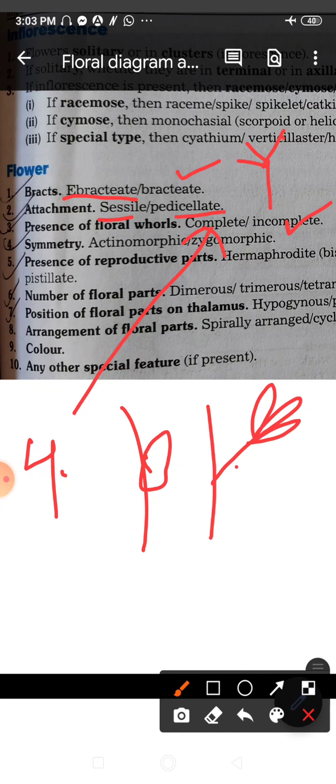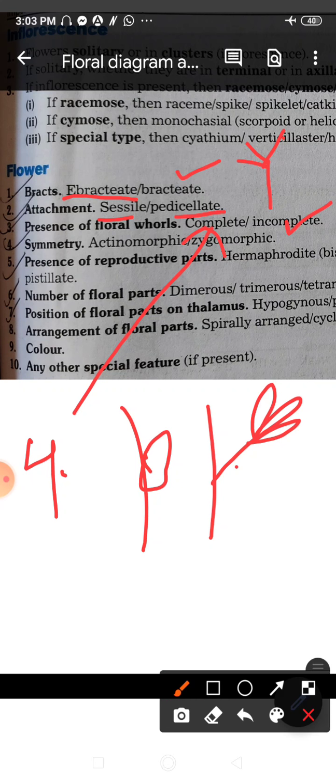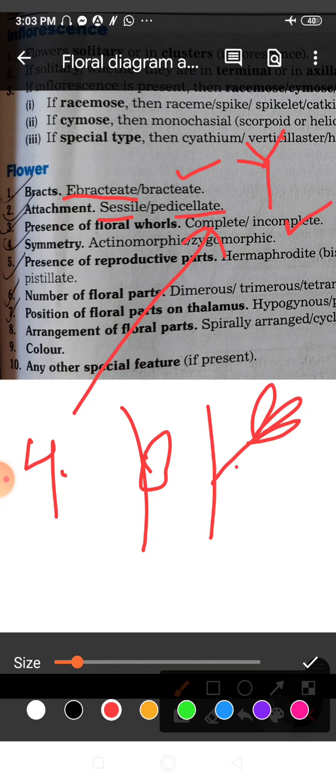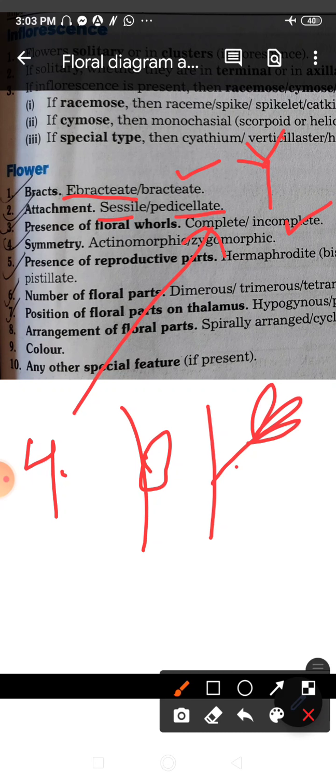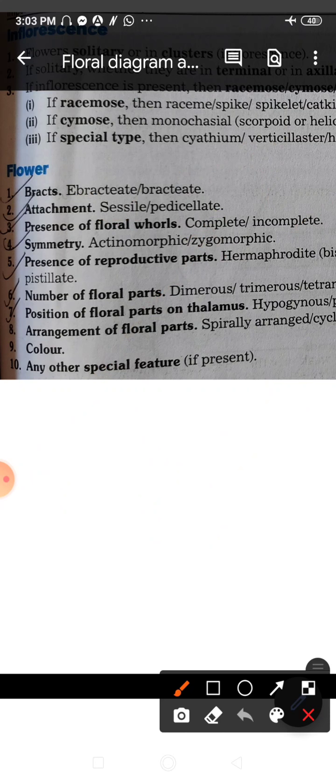Then the next feature that we studied was whether the flower is actinomorphic or zygomorphic, right? So again here, actinomorphic and zygomorphic, how do we explain that? Actinomorphic, we show it like this. It can be divided into two equal halves with a line that passes through the central axis, through any plane.